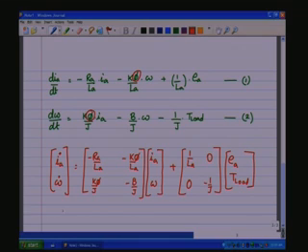So this is of the form x dot is equal to A x plus B u, the standard form.